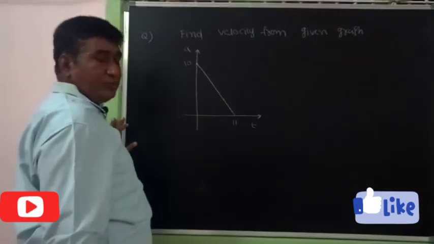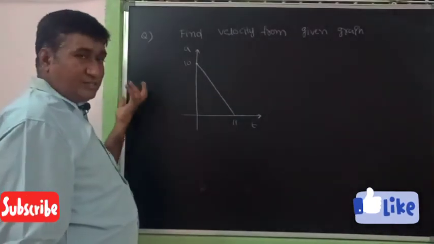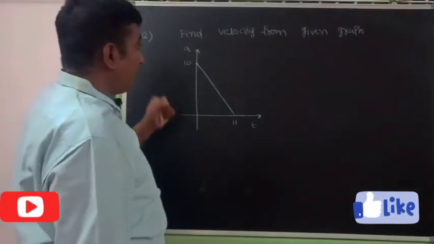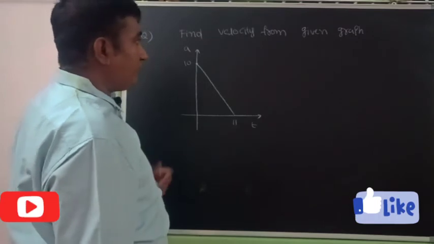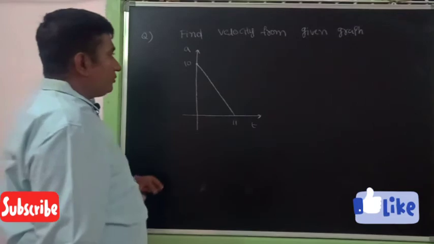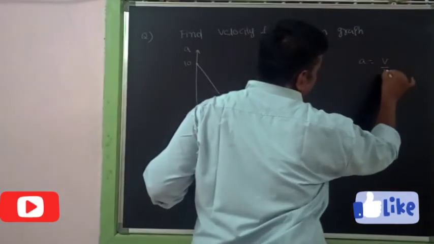So this is the case they have given regarding the acceleration time graph. In most cases the acceleration time graph is not asked much. So they ask to find the velocity from the given AT graph. Acceleration is velocity by time.